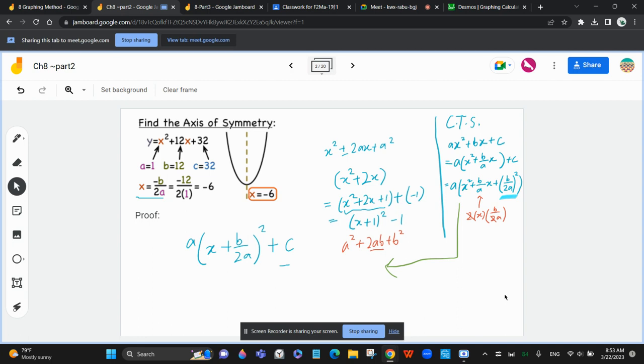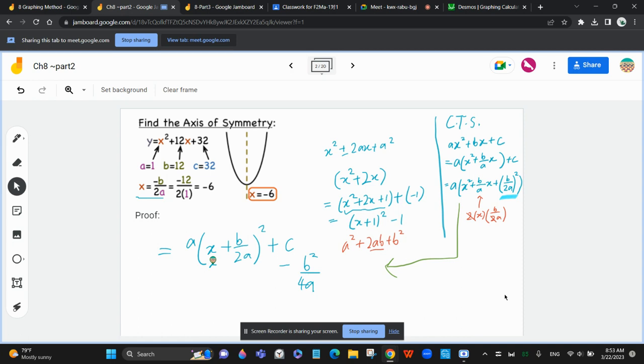So we need to subtract b squared over 4a. So this becomes the vertex form.